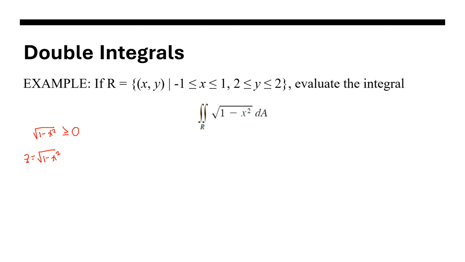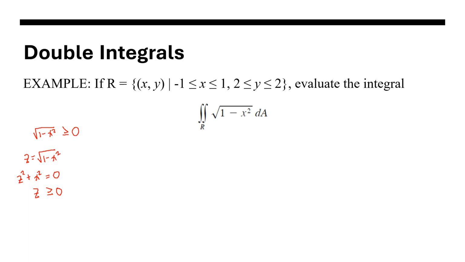So you have z squared is equal to 1 minus x squared, meaning that z squared plus x squared is equal to 1. We can say that our z must be greater than or equal to 0.